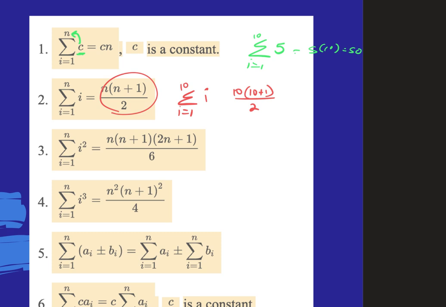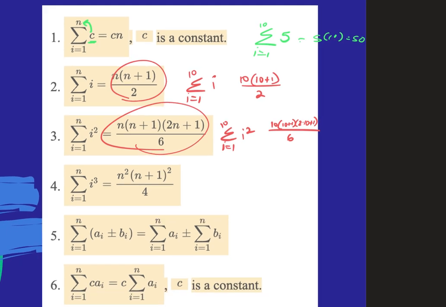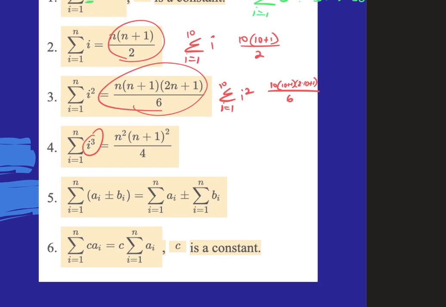If it said a variable squared, so this would be i squared, then I would use this formula, which would be 10 times 10 plus 1 times 2 times 10 plus 1, all over 6. If it was cubed, it would follow this pattern, so it would be 10 squared times 10 plus 1 squared, over 4.